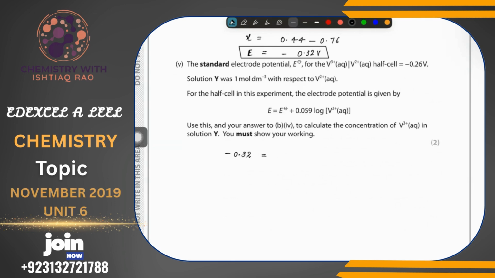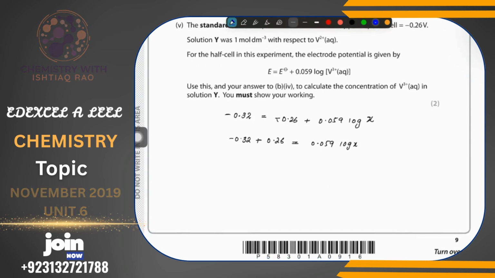So negative 0.32 plus 0.26 is equal to 0.059 into log x. Then we divide this by 0.059.